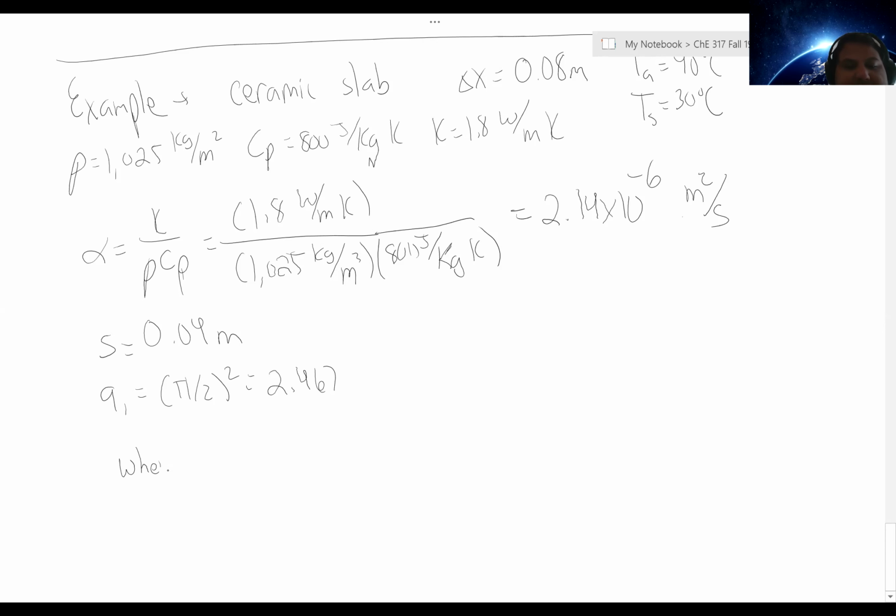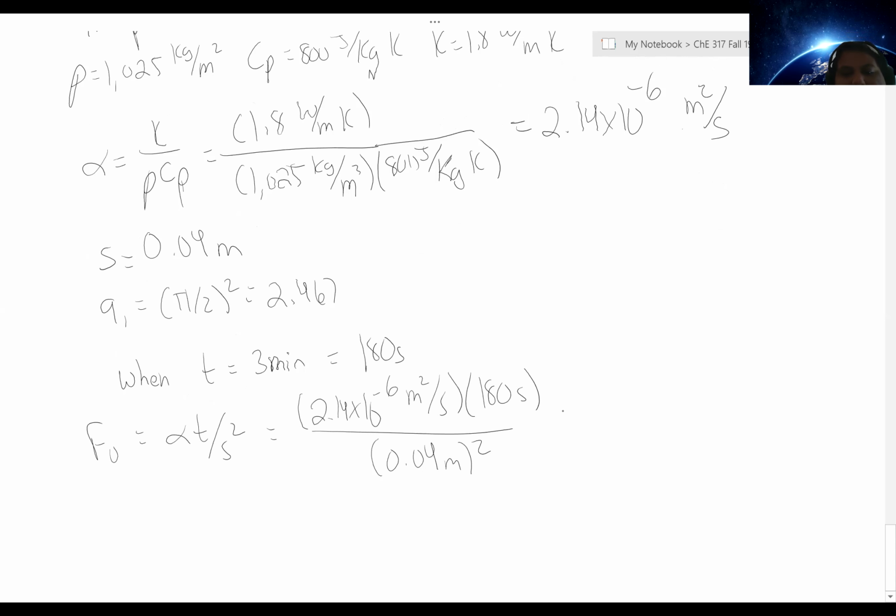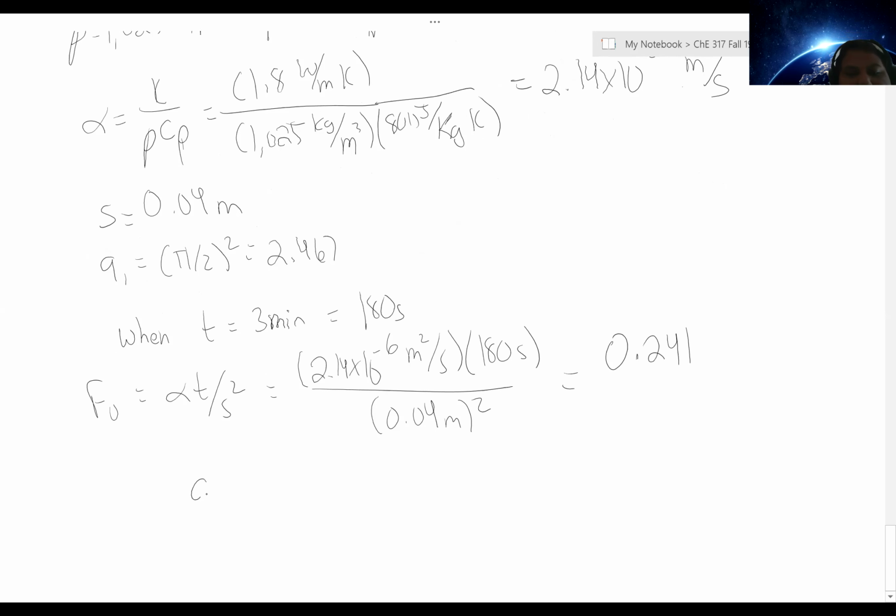So when t is 3 minutes, or 180 seconds, our Fourier number, which is alpha t over S squared, is 2.14 times 10 to the minus 6 meter squared per second times 180 seconds divided by 0.04 meters squared to give us a dimensionless value of 0.241, which means A1 times Fourier, which exists in that series solution, is 2.467 times 0.241, or 0.594.